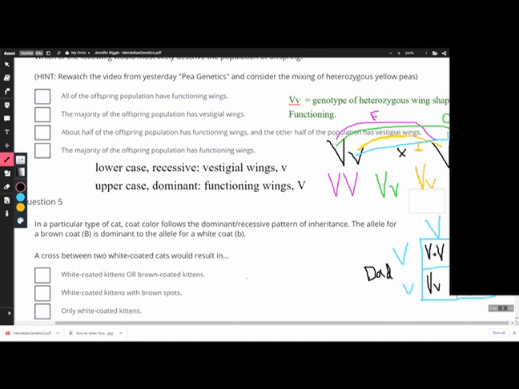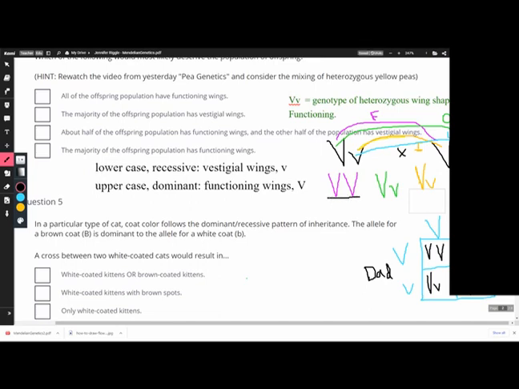We came up with a capital V, capital V. We came up with two that were one of each. And we came up with one that was just lowercase, lowercase. Okay, so I'm going to look at these. Capital V, capital V. What is the phenotype for capital V, capital V?